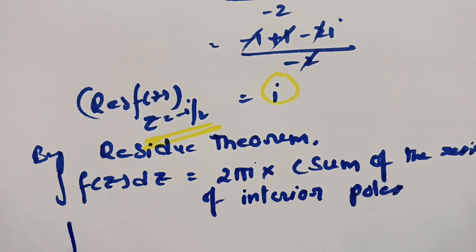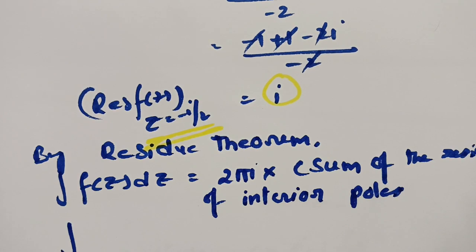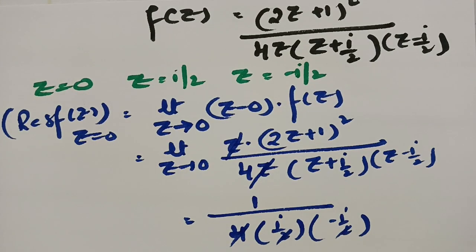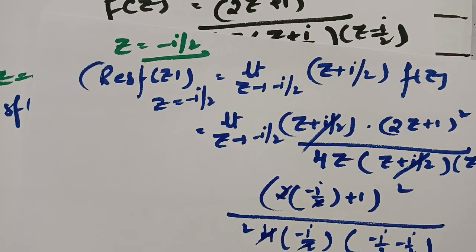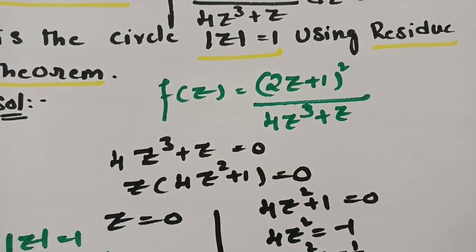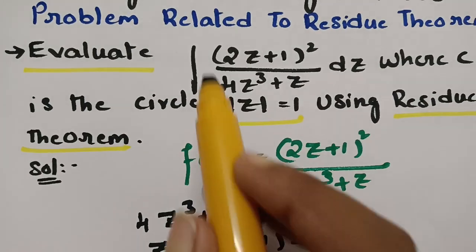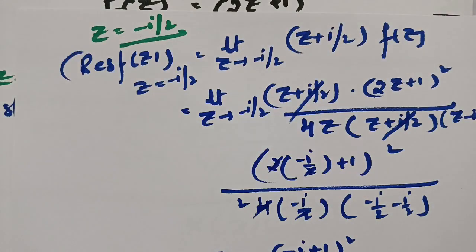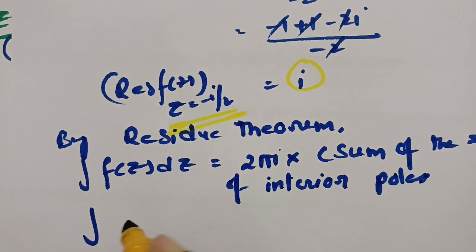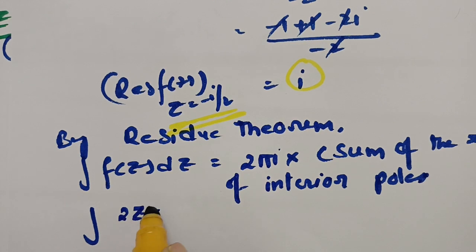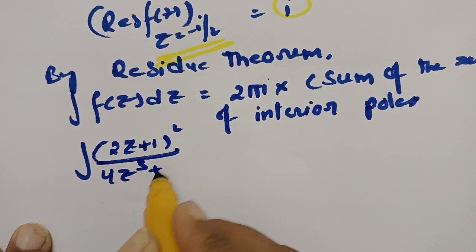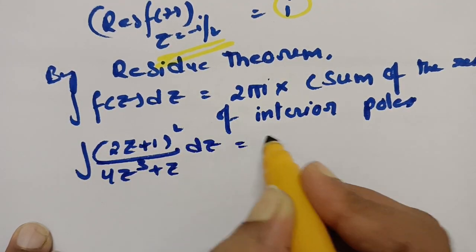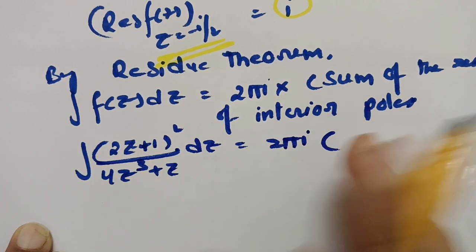So here, what is our f of z value? This is our f of z value, that is (2z plus 1) whole square by 4z cube plus z. So the integral of (2z plus 1) whole square by (4z cube plus z) dz is equal to 2 pi i into the sum of the residues.